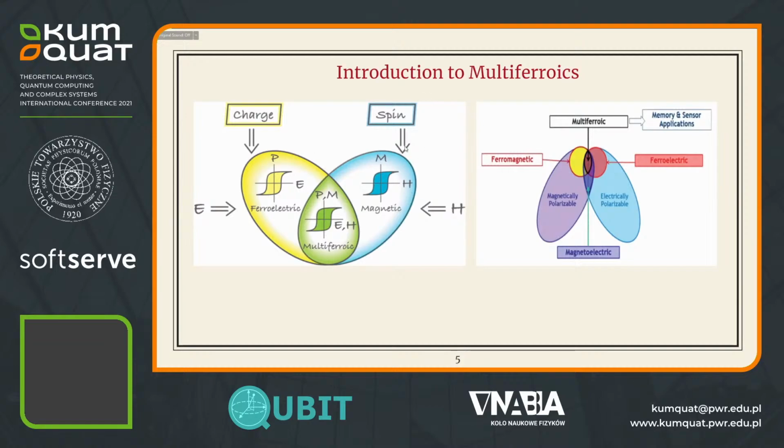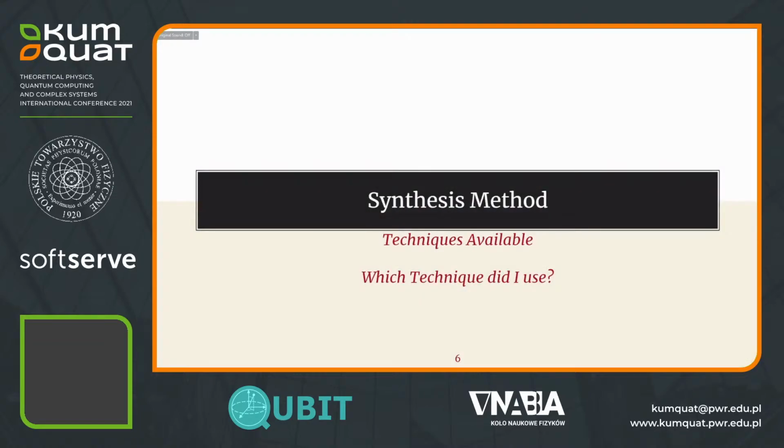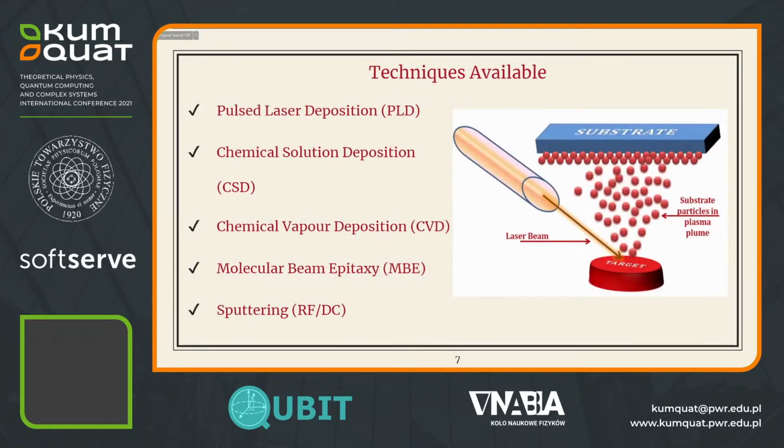And if various changes in spins are observed on application of a magnetic field, those are known as magnetic materials. If we can combine both of these, we get extraordinary materials which are useful for memory and sensor applications. I have synthesized thin films.